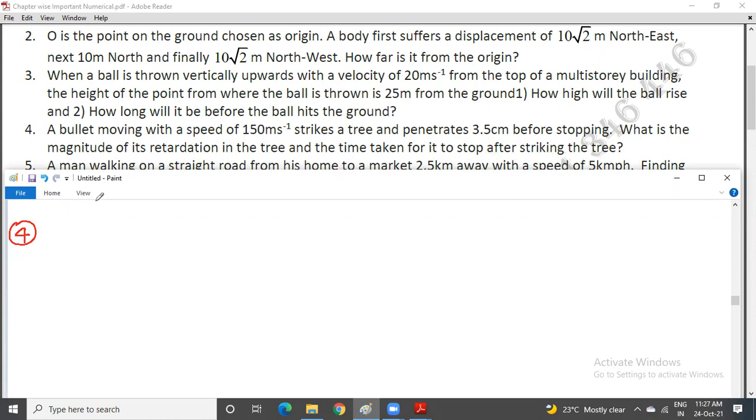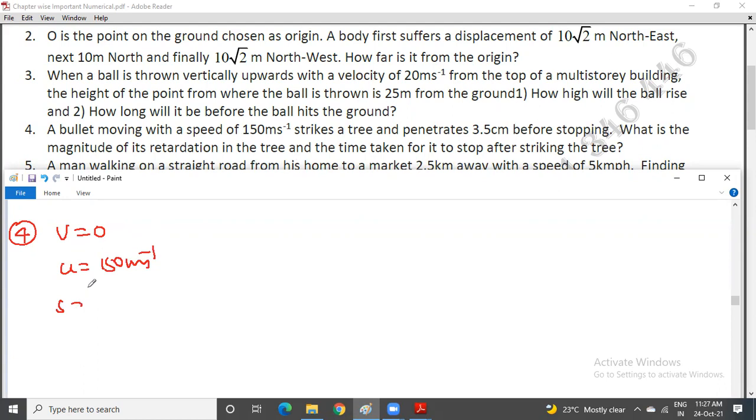So to determine, first you write down: the bullet is stopped, so final velocity is 0. They have provided initial velocity 150. The bullet covers a distance of 3.5 centimeters in the tree, that is s provided. Then retardation is what they are asking us to find. So u is equal to 150 meters per second.